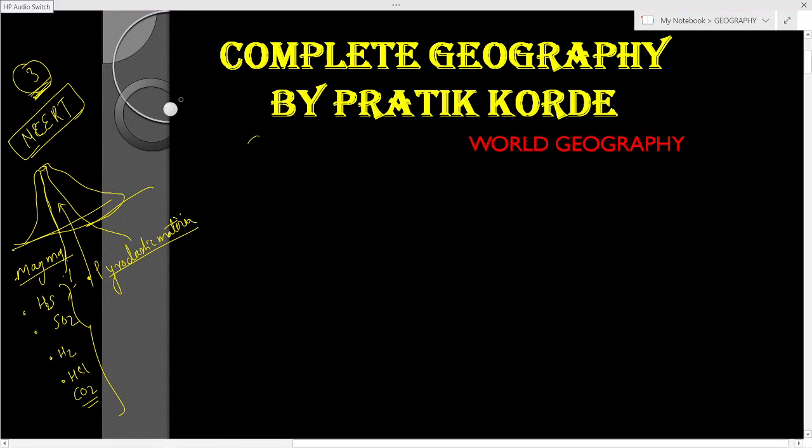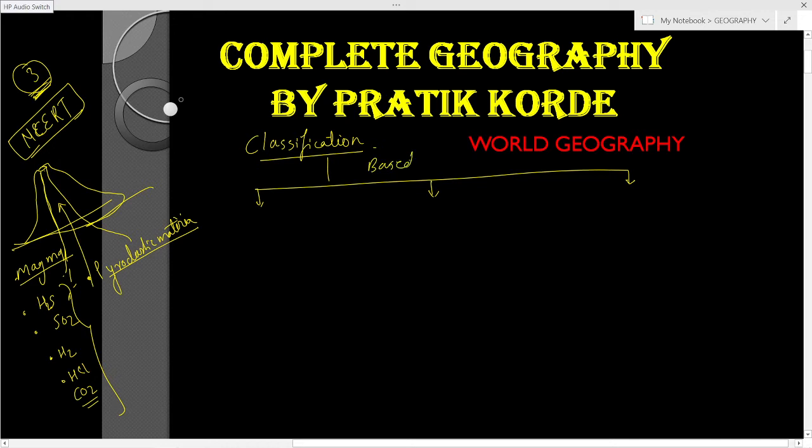Now we'll talk about the classification of volcano. As far as volcanoes are concerned, they are classified majorly based on 3 parameters.